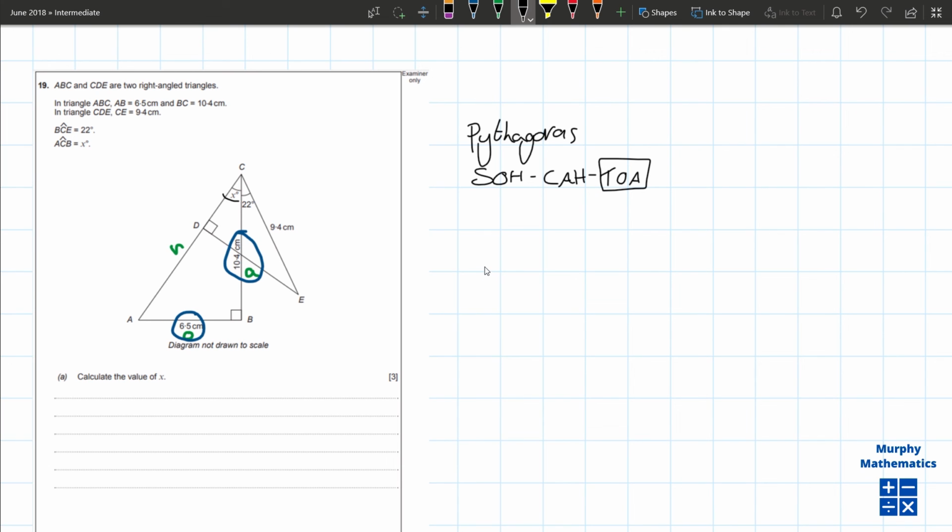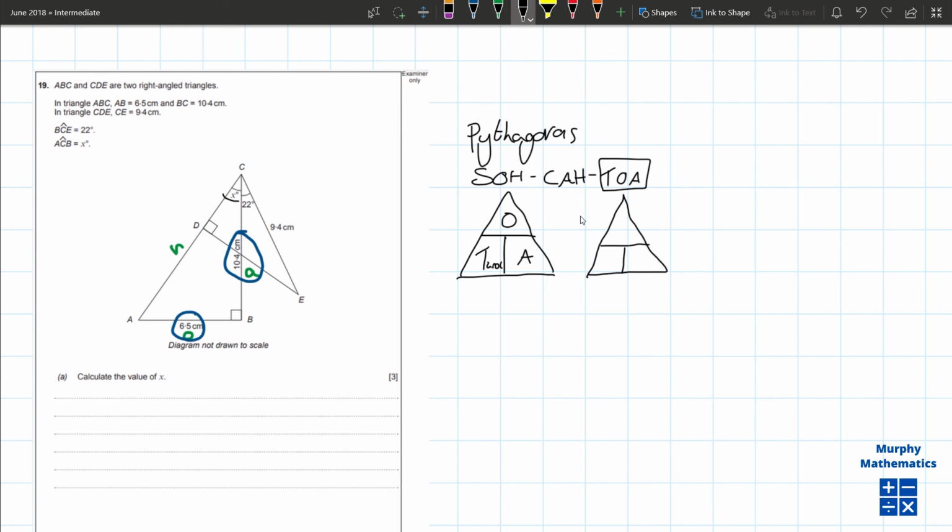So then we can write out tan. I like to do it in a triangle. So we'll have a triangle, with tan theta or tan x. We'll have O on top and A at the bottom. Okay, and what I can do now is a second triangle with my numbers plugged in.